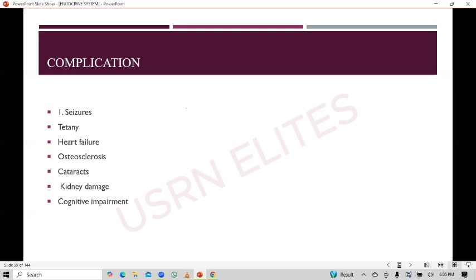This impairs the lens membrane's ability to transport ions. It also causes water and sodium to build up in the lens, and this can lead to what? Cataract.